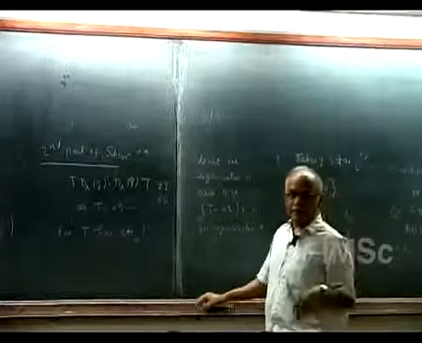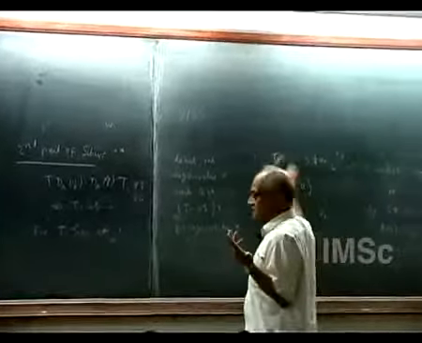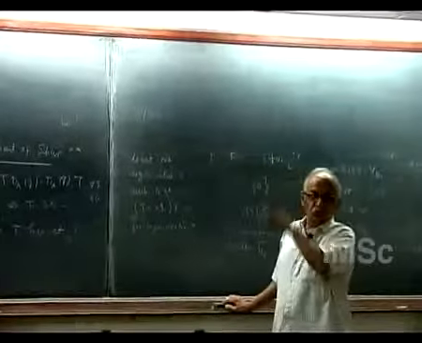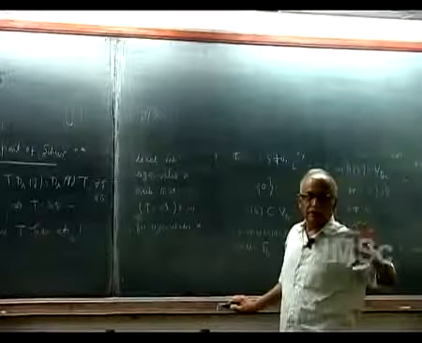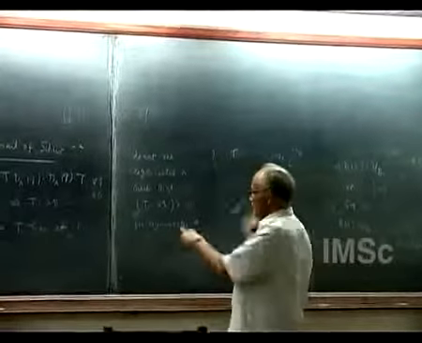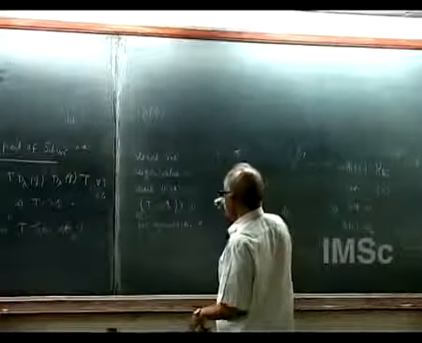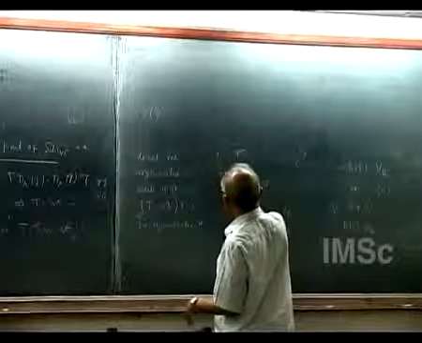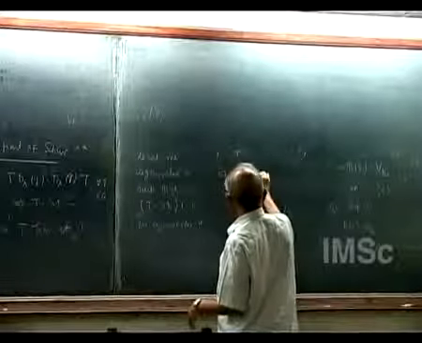At least one. It may not have a complete set of eigenvectors, it may be of the Jordan canonical form. I do not care, at least one eigenvector is there, but this means T minus lambda 1 is singular.